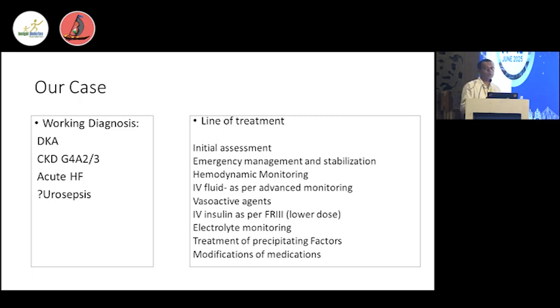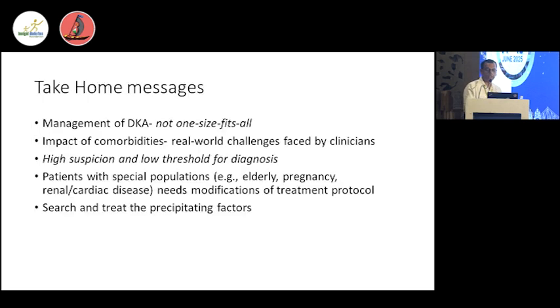Because this patient already has heart failure, if the BP is not improving even after proper hydration or intravascular volume checking, then we need to think of adding a vasoactive agent rather than giving more fluid. IV insulin as per the protocol, however at a slightly lower dose because the patient's creatinine is very high. Electrolyte monitoring is very important, and we must not forget the treatment of the precipitating factor.